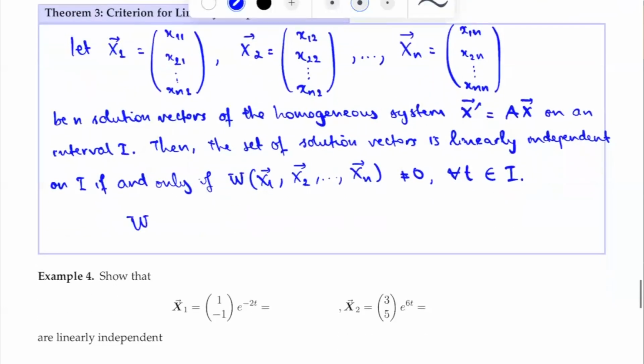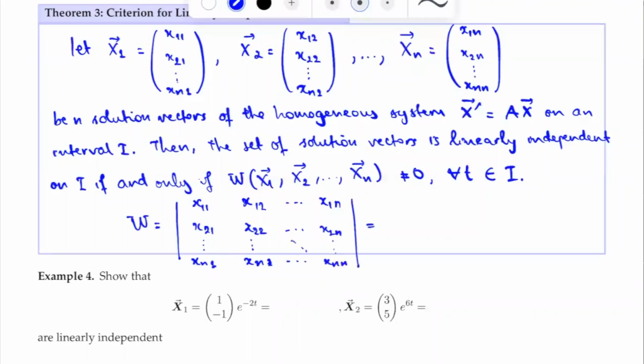So the Wronskian can be calculated as x11, x21 up to xn1, that's the capital X1. Then you have x12, x22, xn2, and so on and so forth up to x1n, x2n, xnn. This has to be different from 0 for all values of t in the interval I.